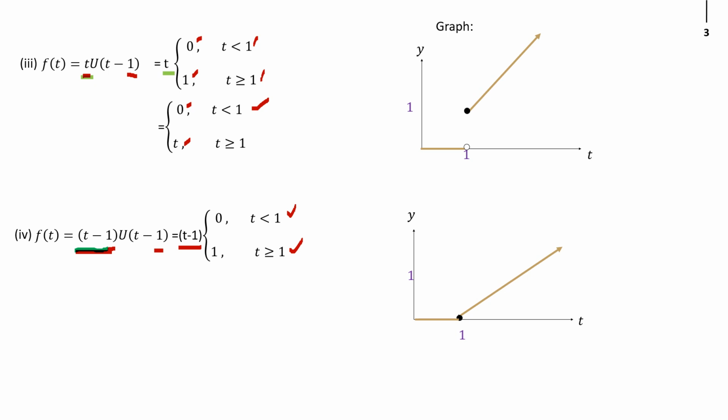So we multiply t minus 1 with 0, and t minus 1 with 1, and we will have this piecewise function.